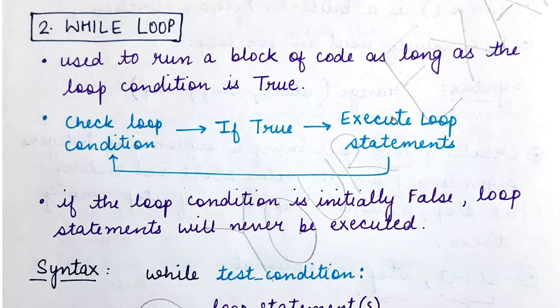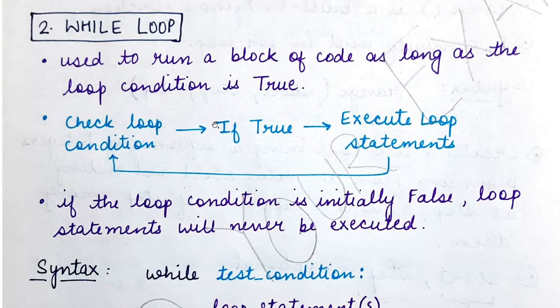So again, the while loop uses some condition to check whether that condition is true, and if that condition is true, the statements written within the while loop are executed, and as soon as the loop condition becomes false, the loop will terminate. So that means in both cases, whether it is the for loop or the while loop, if the loop condition becomes false in the very first iteration, then the statements written within the loop will not be executed even once.